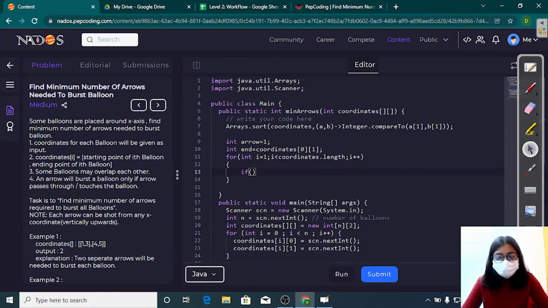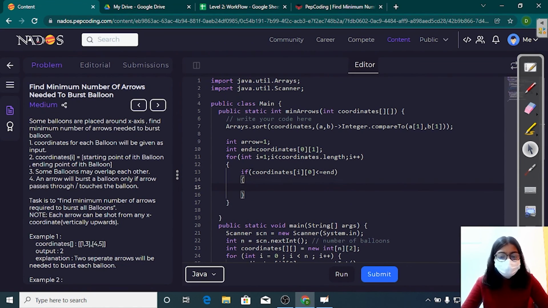If coordinates of i, it means for this particular balloon, the starting point is less than or equal to my ending point, that is my end, then do nothing, right?